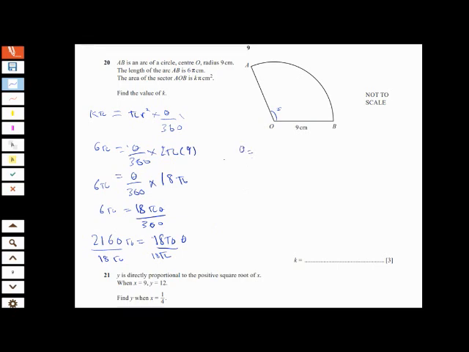So theta would equal 2,160 pi divided by 18 pi, and that would be 120 degrees.